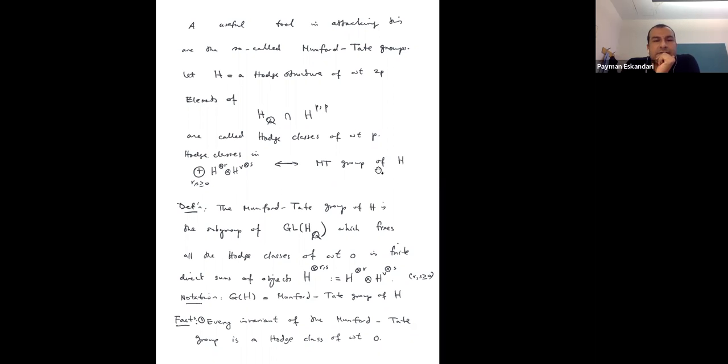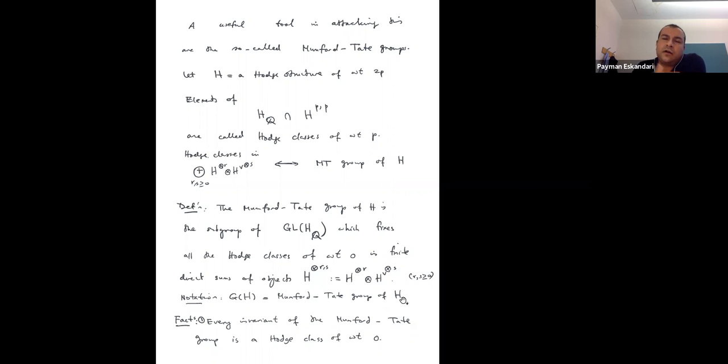So what's the definition? The Mumford-Tate group of H is the subgroup of GL(H_Q), H_Q being the underlying rational vector space, which fixes the Hodge classes. The general linear group acts on H_Q, so it acts on each of these tensor powers, and hence on direct sums of these things.